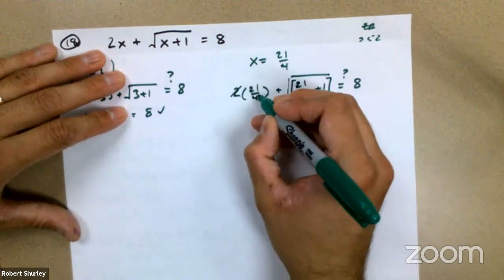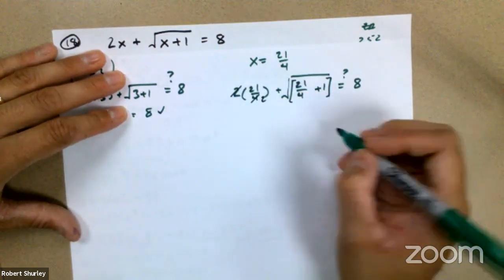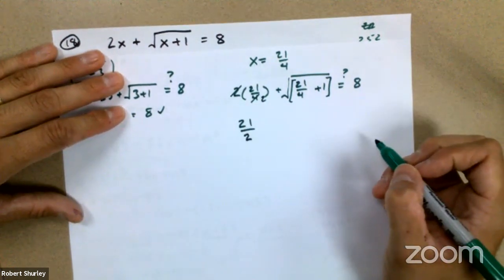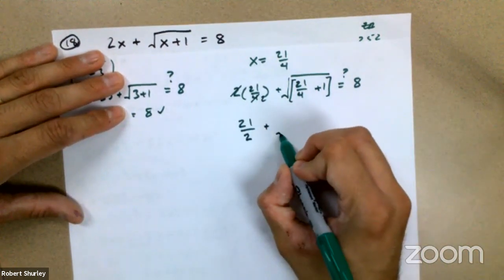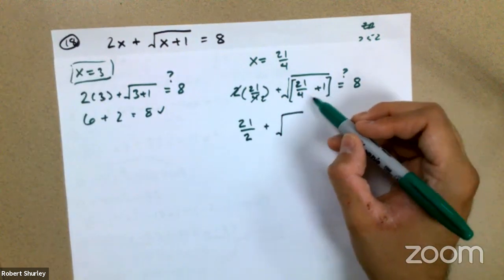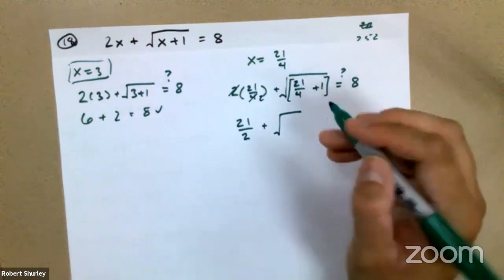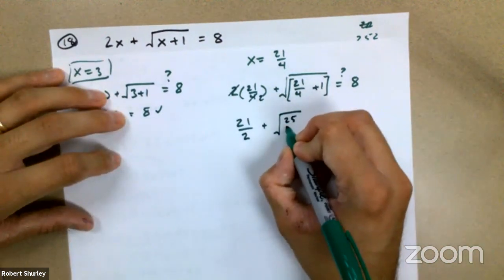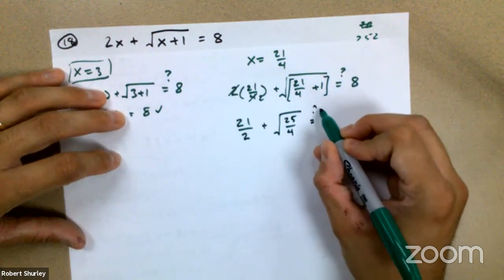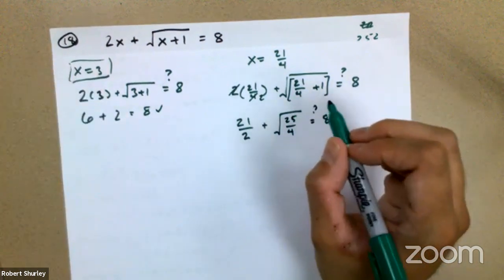Well, the 2's cancel. It leaves you with a 2 in the denominator. So you wind up with 21 halves, plus the square root. Now look, 1 is just 4 over 4. You've got a common denominator. You add the tops. You wind up with 25 fourths.